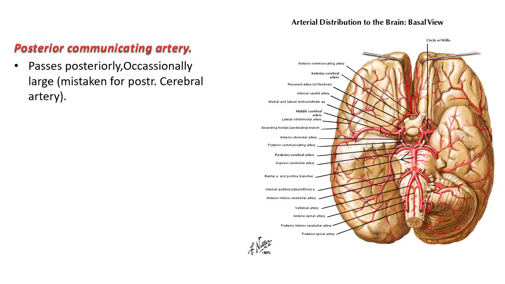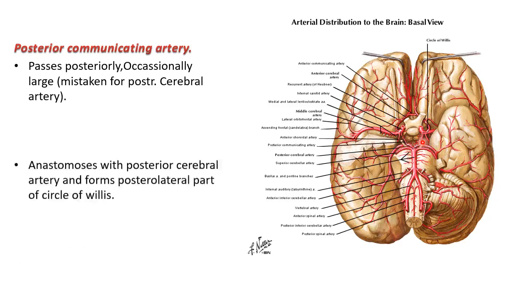So the posterior communicating artery is an important communicating channel between your internal carotid and your vertebro-basilar system of arteries. It connects your internal carotid with the posterior cerebral artery. Sometimes this artery might be large and might be mistaken for the posterior cerebral artery.